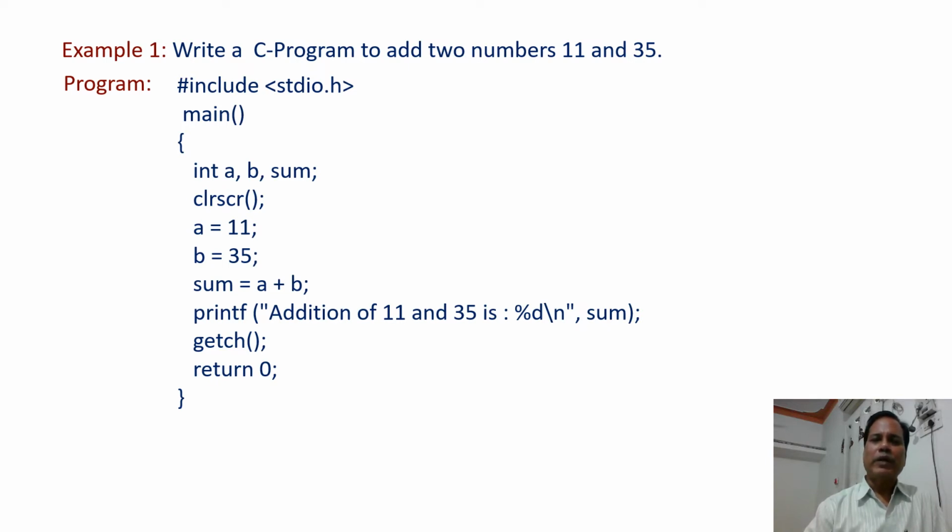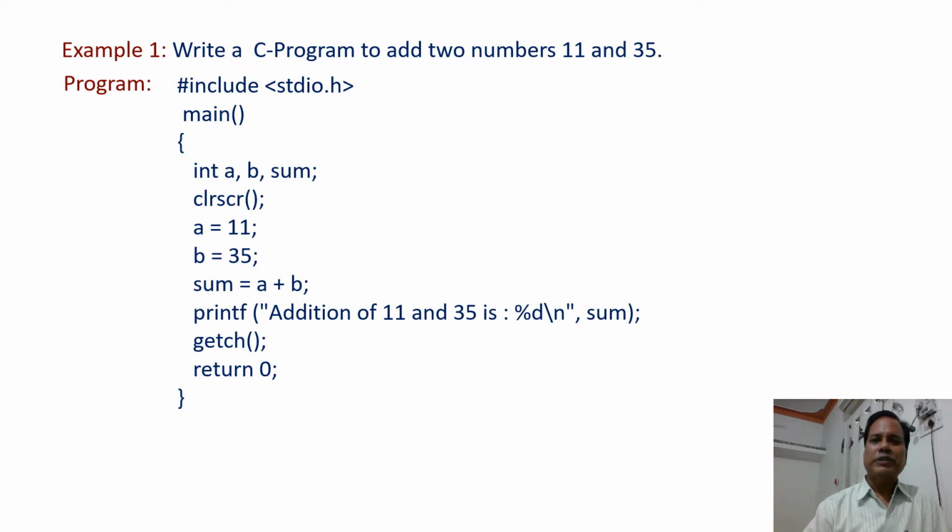Next, main with open and close parentheses. Then within open and close braces we write the code. While writing the code, first we declare the variables that we are going to use in our program. For taking the two integer numbers, we have to declare two integer variables and one more integer variable for holding their sum.